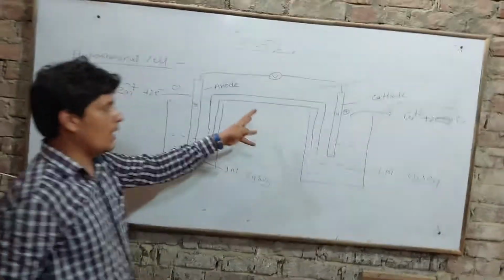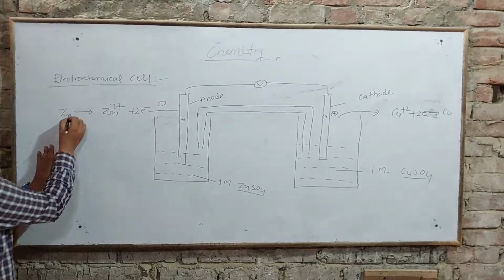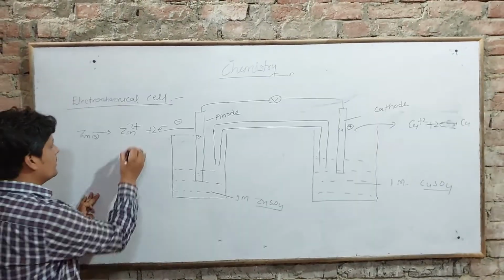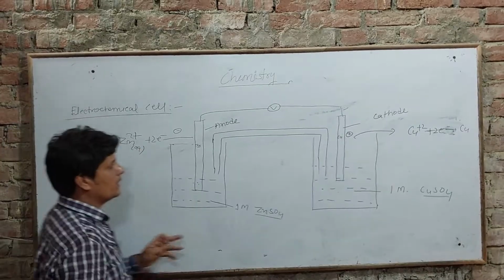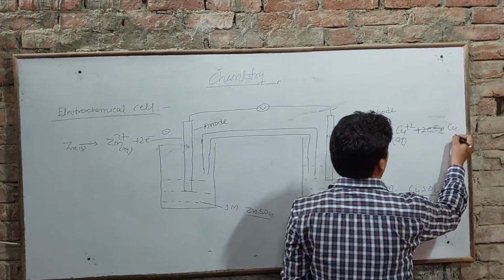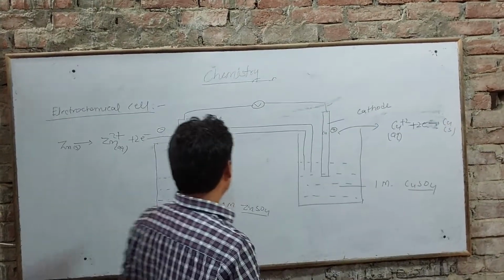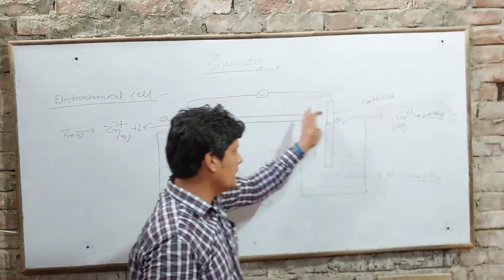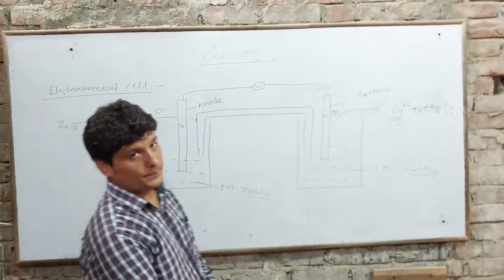In these half reactions, the zinc is solid and is converted into ion, becoming aqueous, while here the ion is already aqueous and is converted into solid. This part is known as anodic half reaction and this part is known as cathodic half reaction.